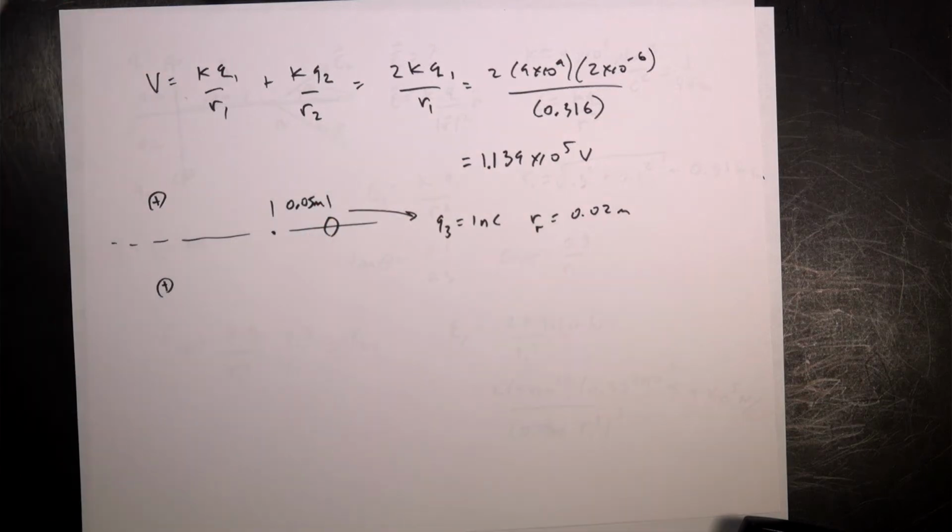Now, the electric field due to a ring is derivable, and it's not even hard. But I don't want to actually derive that at this point. So I'm just going to look up the equation, which I already had because I saw this problem. And I actually have a video on how to derive the electric field due to a ring.